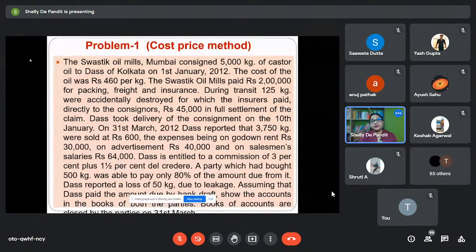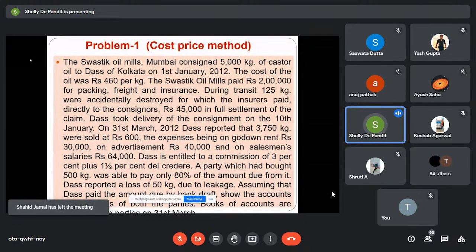The cost of oil was rupees 460 per kg. At the time of sending the goods, the oil mill paid rupees 2 lakh for packing, freight, and insurance. During transit, 125 kgs were accidentally destroyed. You just take a screenshot, okay?